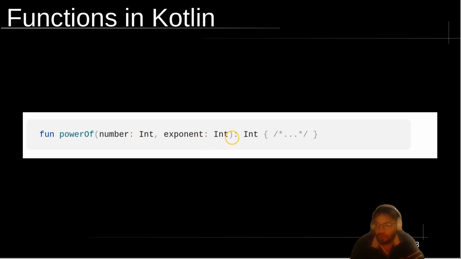And if it has a comma at the end, that's called a trailing comma. And Kotlin will let you write it that way, and it will compile. And it comes in handy because you might be moving how many parameters there are, or you might want to add one quickly, and you just leave that trailing comma. And in Kotlin, it will still compile, and that's very friendly for developers.